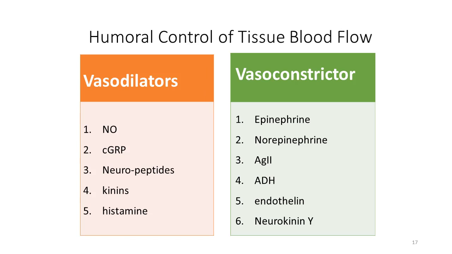Also, when blood flows inside the capillaries, the RBCs scrub on the endothelial cells, and this scrubbing of the RBCs on the endothelial cells stimulates endothelial cells to produce nitric oxide, and this nitric oxide is responsible for vasodilation. So NO is categorized as an important vasodilator.